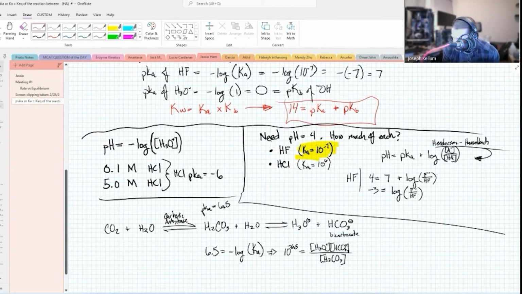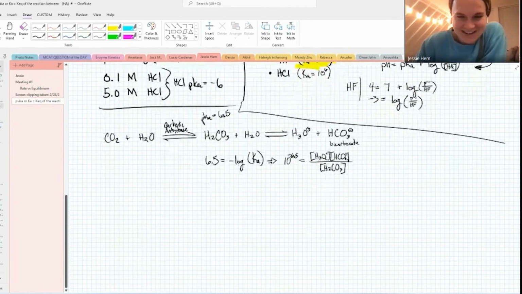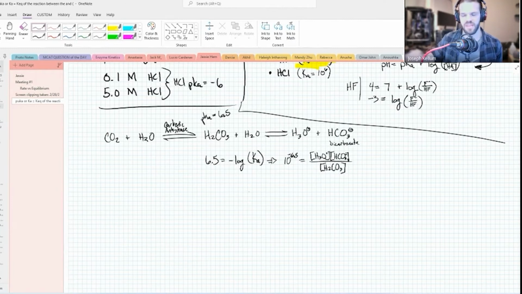Then the buffer system that you end up with comes up constantly on the MCAT, the exact same question. The question is going to be: what is the ratio of bicarbonate to carbonic acid at pH 7.4, at physiological pH?